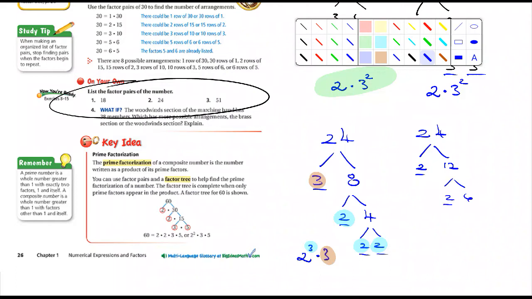Can't go any further with that 2. Can I break down the 6 again? Yes. To what? 2 and 3. Can't go any further with that. So how many 2s do we have? 3. So 2 to the third times what? 3. There we go. Again, notice it's the same thing.